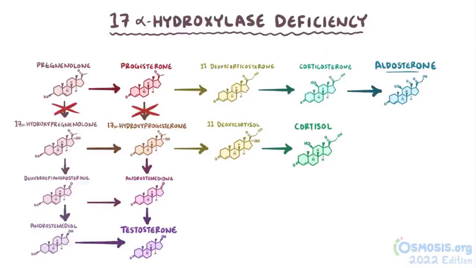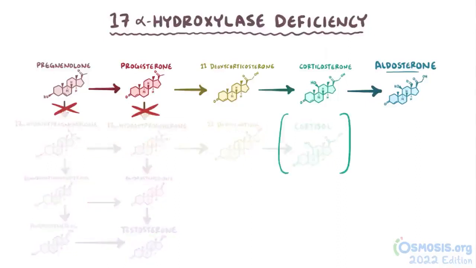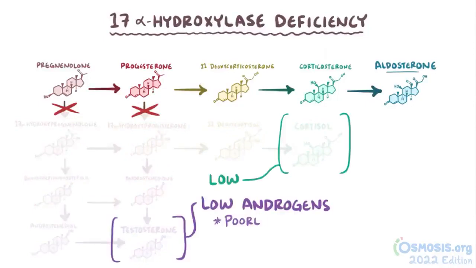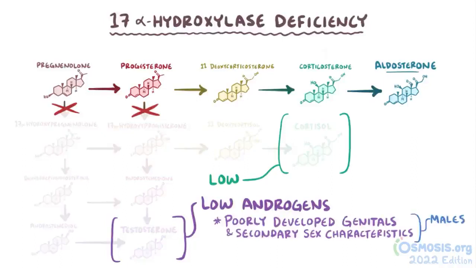When the levels of 17-hydroxypregnenolone and 17-hydroxyprogesterone are low, they also won't be able to get into the androgen pathway and become dehydroepiandrosterone and androstenedione. So this condition results in decreased cortisol and androgens, which causes poorly developed genitals and secondary sex characteristics in males, and a lack of secondary sex characteristics in females.